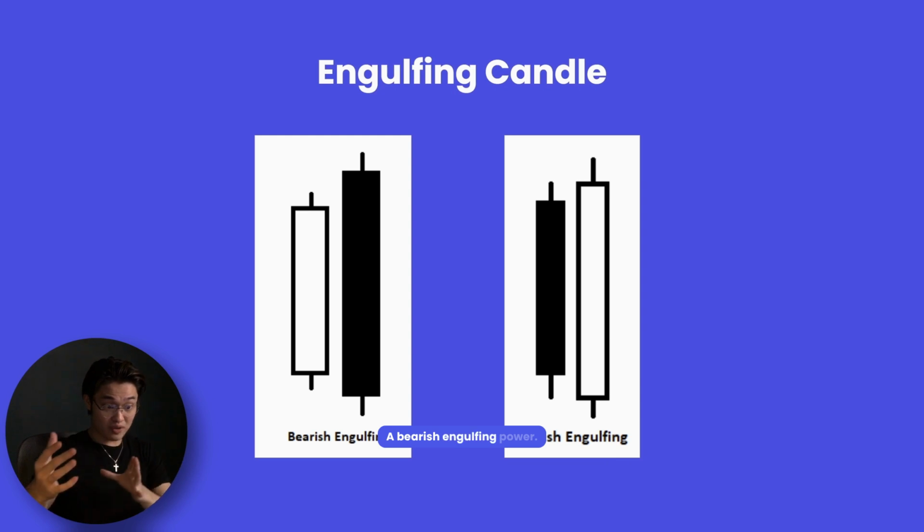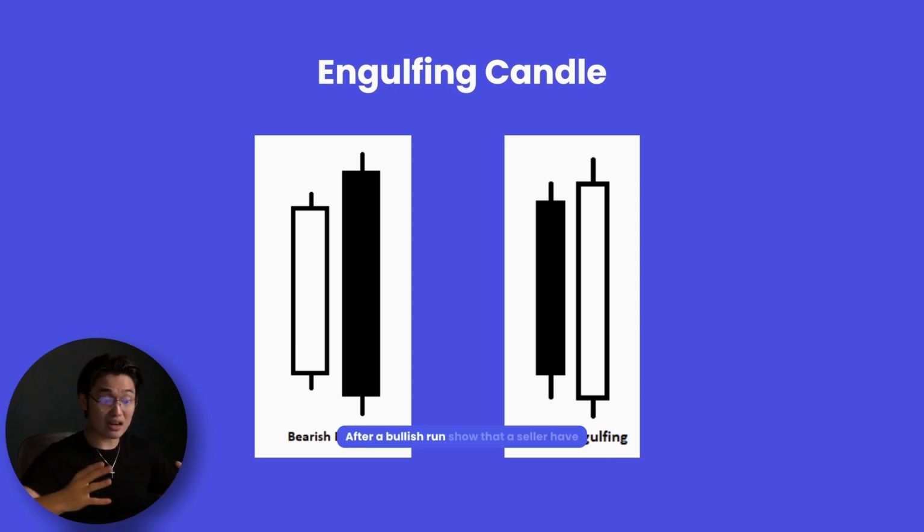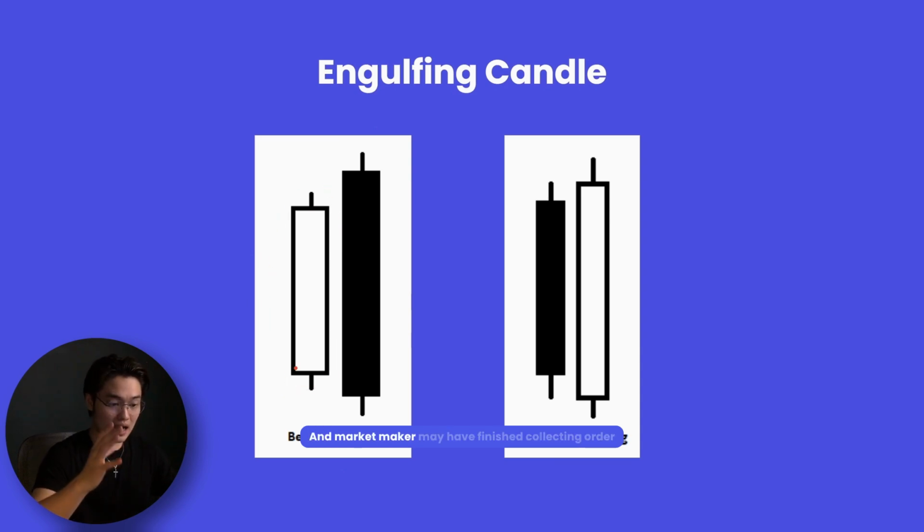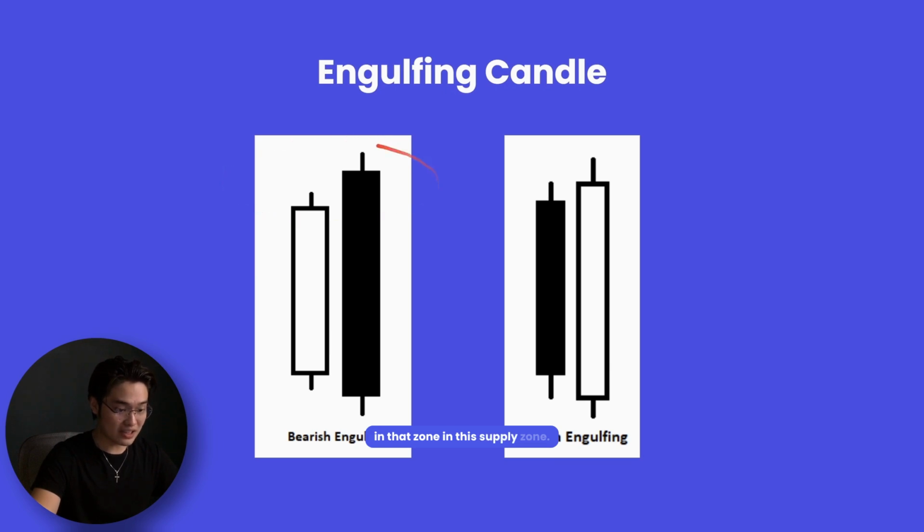A bearish engulfing after a bullish run shows that sellers have overwhelmed the buyers. Here, after the bullish run, the sellers overwhelmed the bullish candle, and the market maker may have finished collecting orders in this supply zone and now pushes the price in the opposite direction.